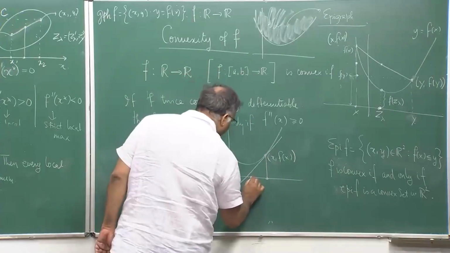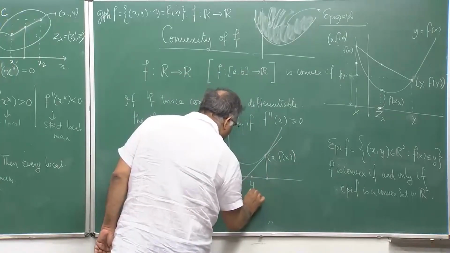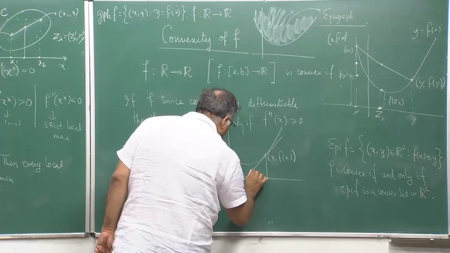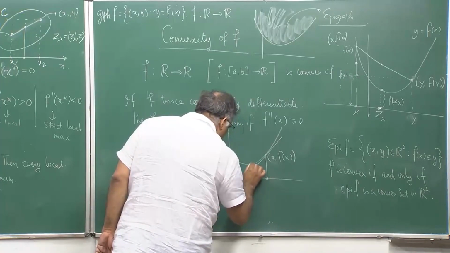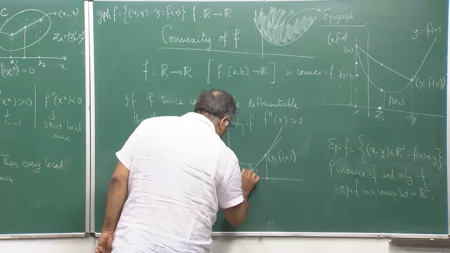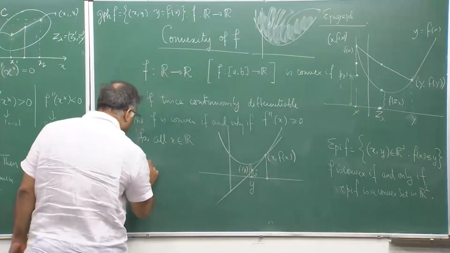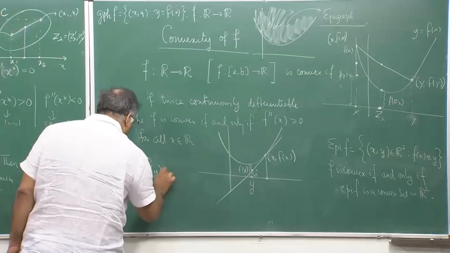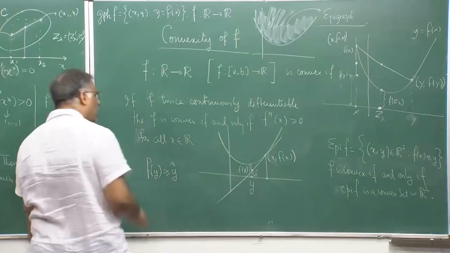Take any other point y, and this is the y value on the tangent, and this is the y value of the function. Let me call this y hat, and this distance is f of y. So, what is there? f of y is greater than or equal to y hat. And what is y hat?